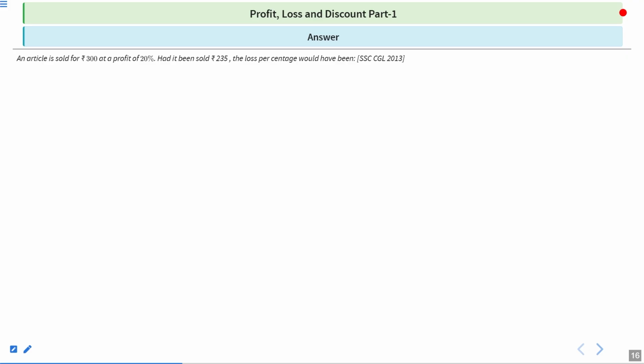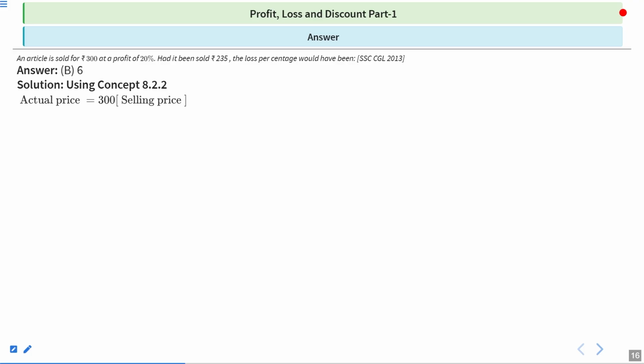Now the question says that if it is sold at 235 rupees, what would the loss percent have been. First we need to calculate the cost price, then we can calculate the loss percentage. The correct answer of this question is B, which is 6%. Now see the detailed solution using concept 8.2.2 in this question.